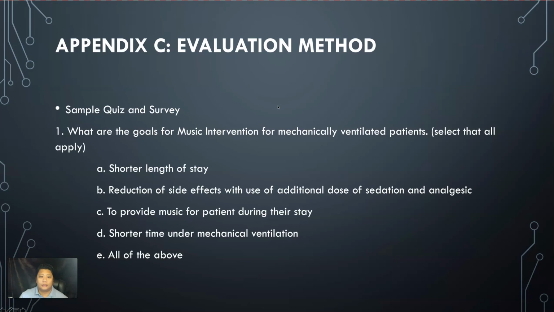These are the sample quiz and survey, appendix C, which is the evaluation method. The questions were: what are the goals for the music interventions for mechanically ventilated patients? Select all that apply: a shorter length of stay, reduction of side effects with the use of additional doses of sedation and analgesics, providing music for the patient during their stay, shorter time under mechanical ventilation, and all of the above.